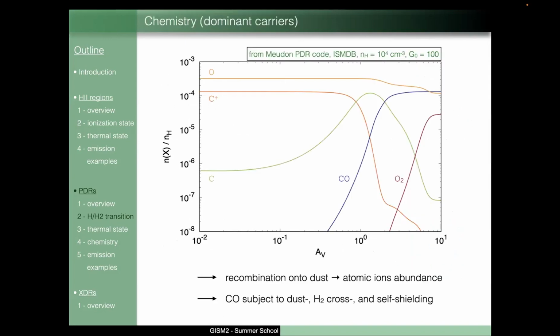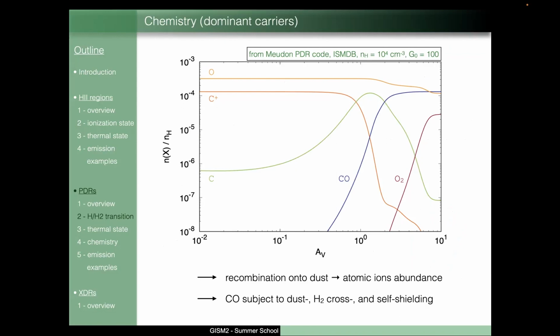Okay. So now that we have seen what controls the H to H2 transition, we can move to other transitions. I'm not going to describe every single chemical transition that there is in a photodissociation region. I'm just going to give you some idea for the C+ to C to CO transition. What happens here is that the transition from C+ to C is basically controlled by two things in PDRs: recombination of C+ on grains and photoionization of carbon.